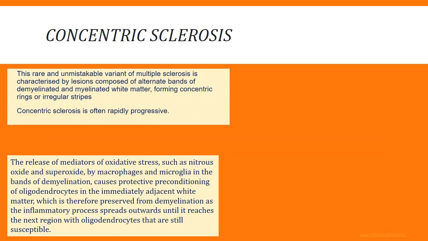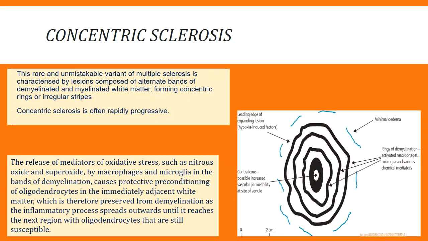Now, what is concentric sclerosis? Now, this rare and unmistakable variant of multiple sclerosis is characterized by lesions composed of alternate bands of demyelination and remyelination within the white matter, similar to the onion bulb that you see in chronic inflammatory demyelinating polyneuropathy, which is a peripheral nerve neuropathy.